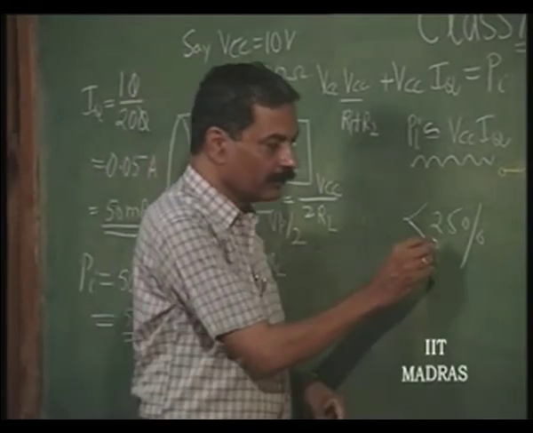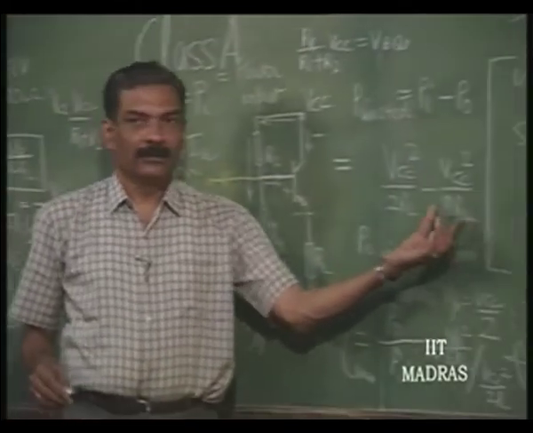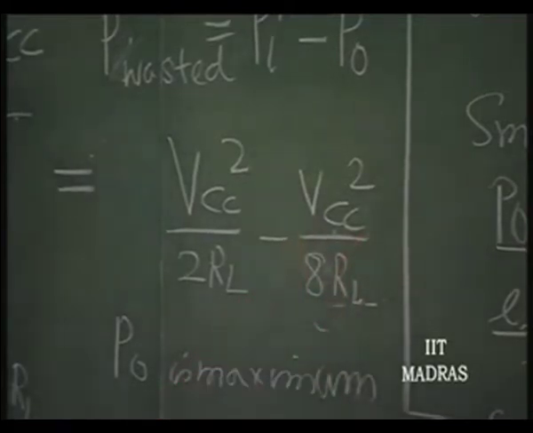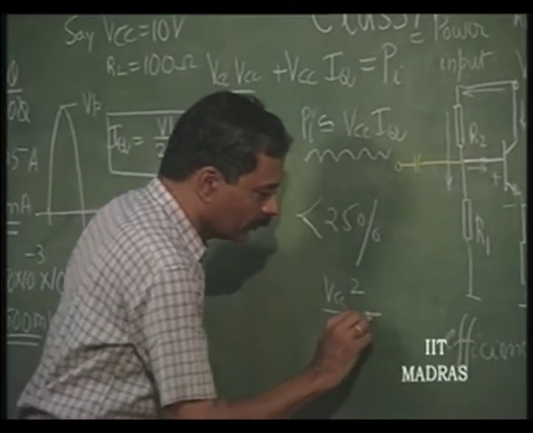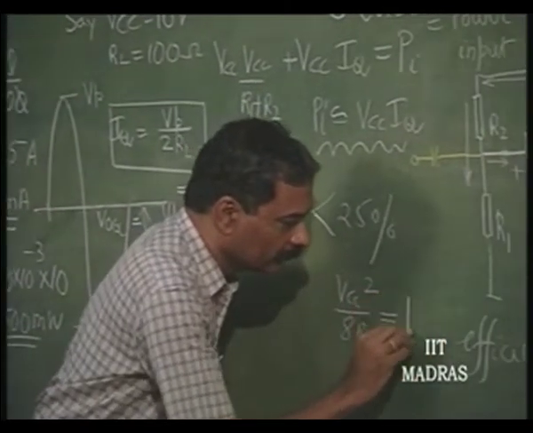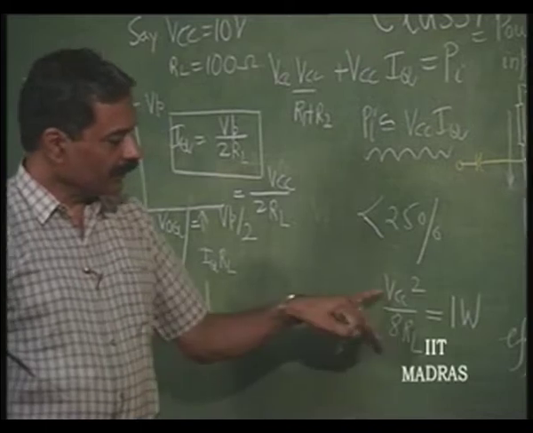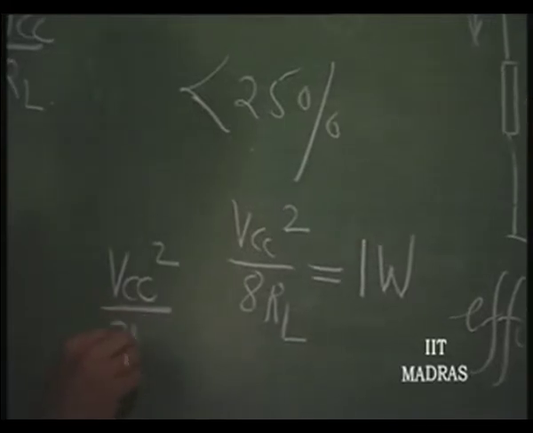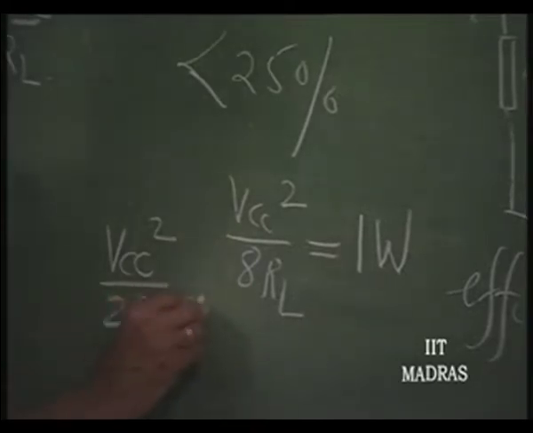If I want this power VCC squared by 8 R L to be, this is the useful power, let us say 1 watt, then VCC squared by 2 R L is going to be 4 watts.